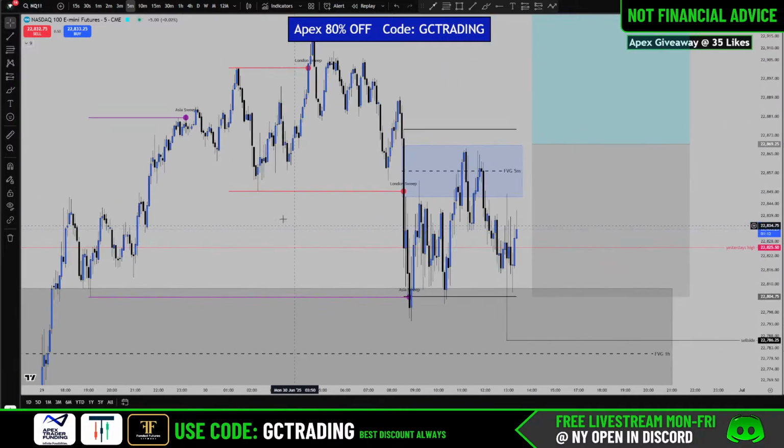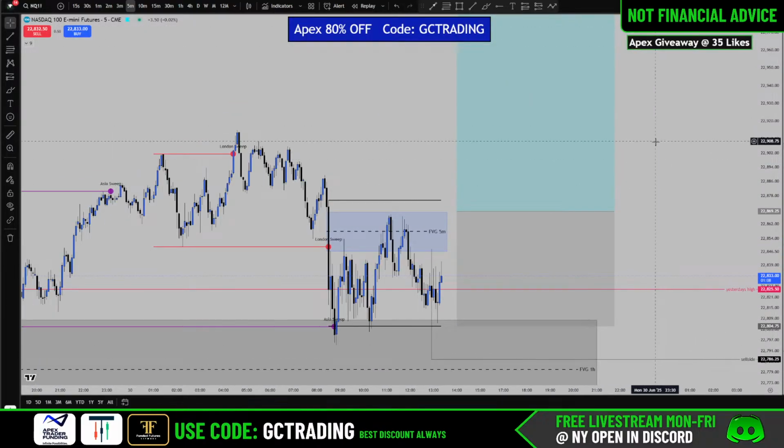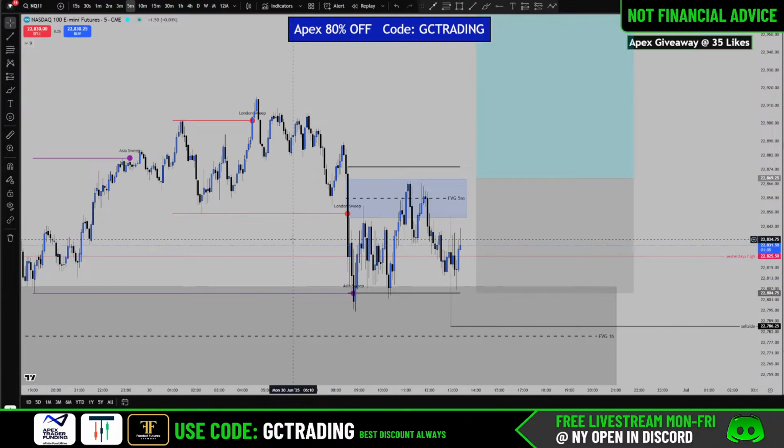But yeah, this update will come out very soon on the indicator, so just stay tuned. There's one little bug in the new update that I'm trying to fix before I publish it.